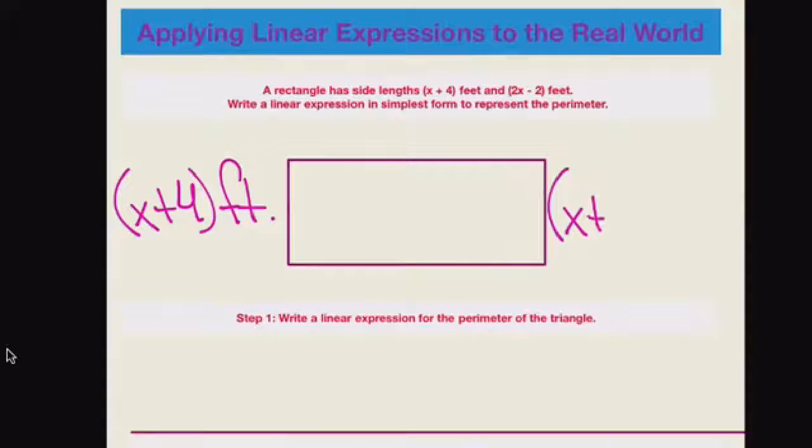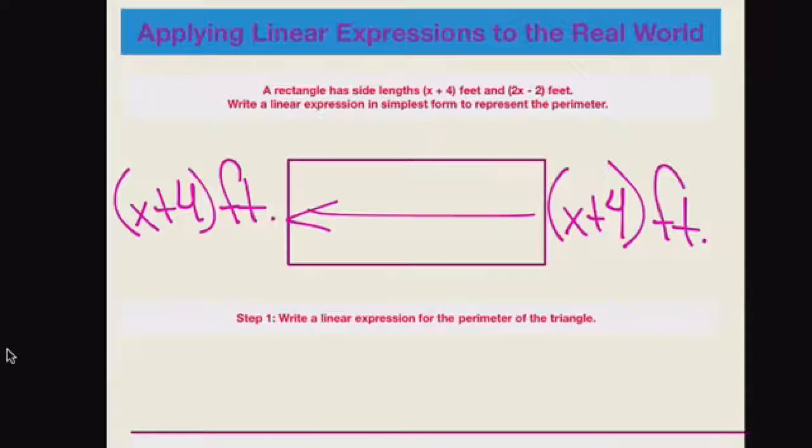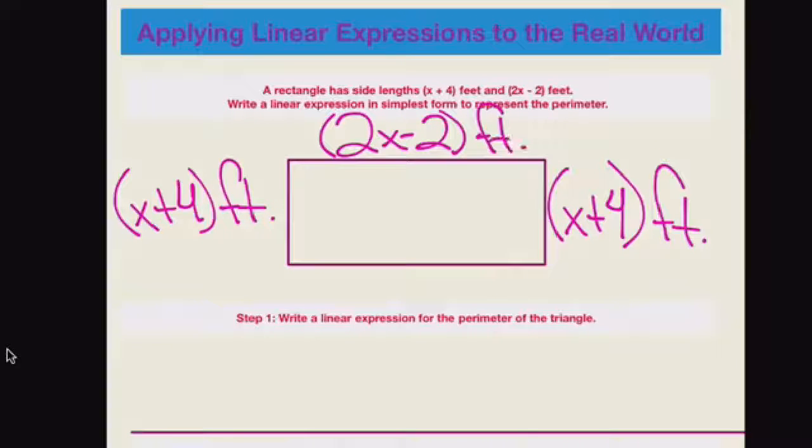And remember, with a rectangle, opposite sides are equal or congruent to each other. Okay, I'm going to label each of these sides 2x minus 2 feet and 2x minus 2 feet. So go ahead and write a linear expression for the perimeter of the rectangle.